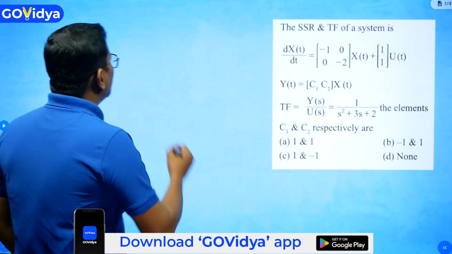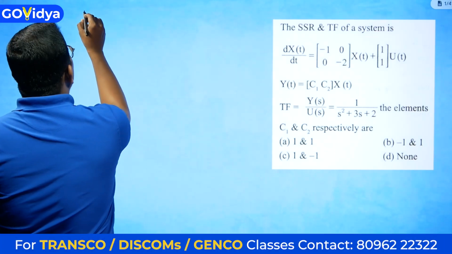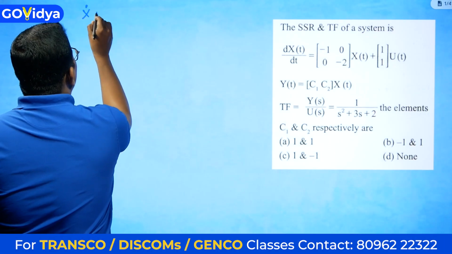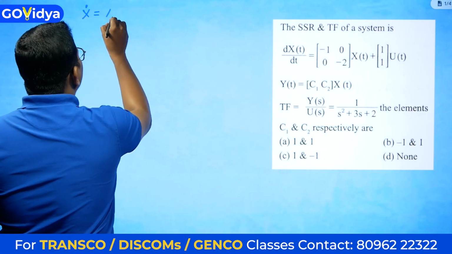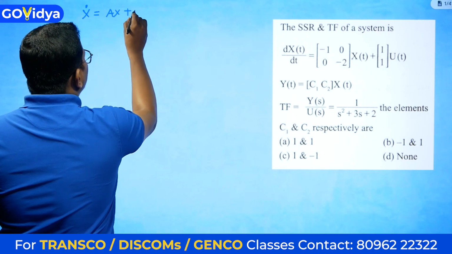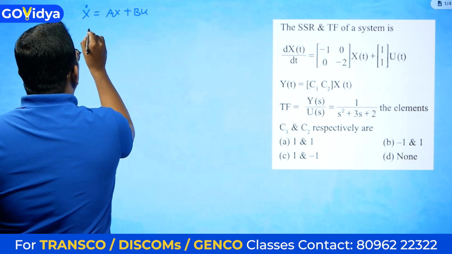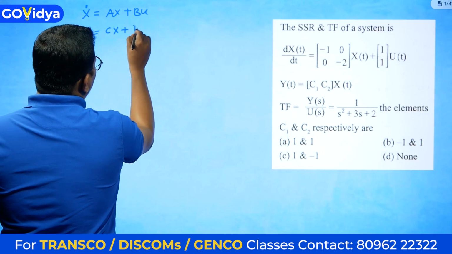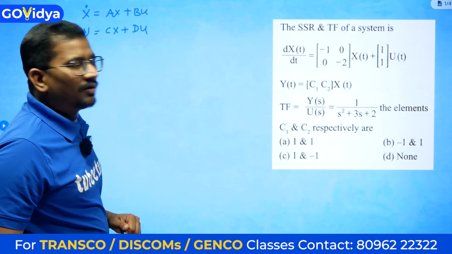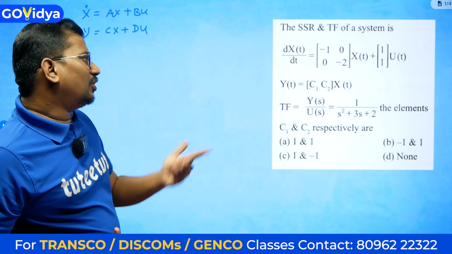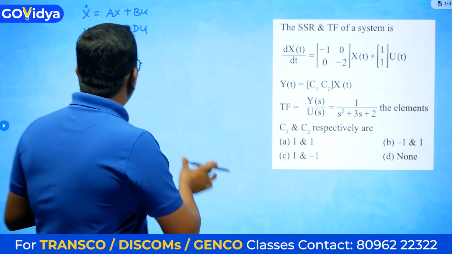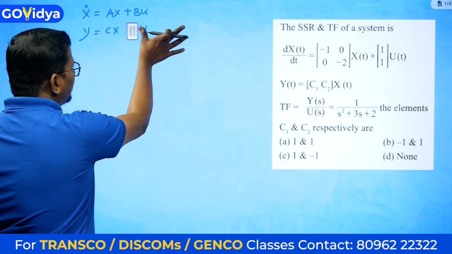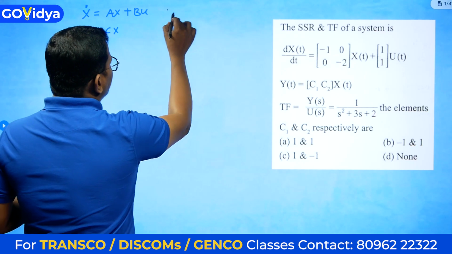Generally the state space model representation is x dot is equal to Ax plus Bu, y is equal to Cx plus Du. Here they have not asked anything about D, so you can eliminate the D. Y is equal to Cx only, where x is the vector.